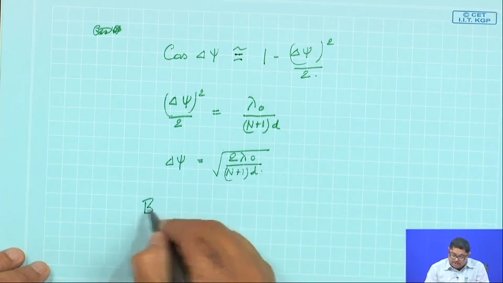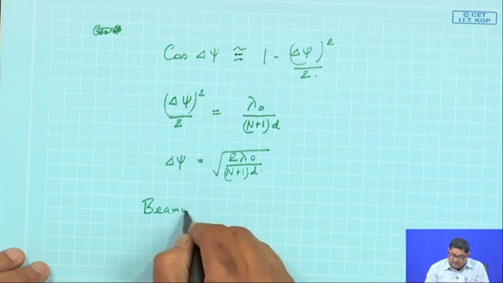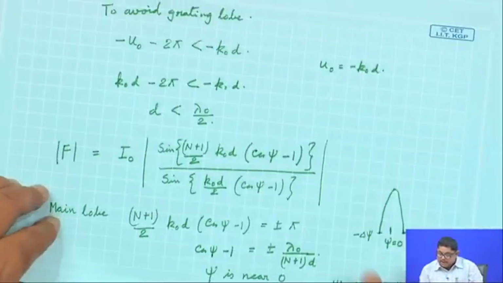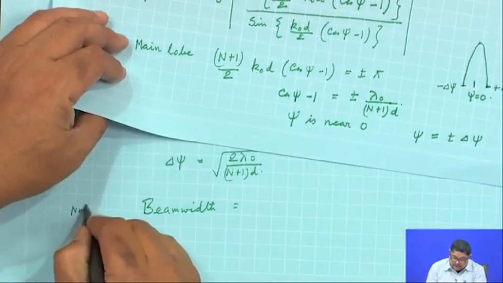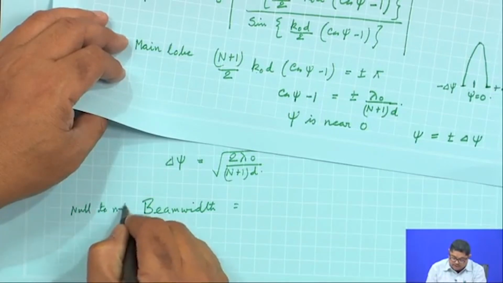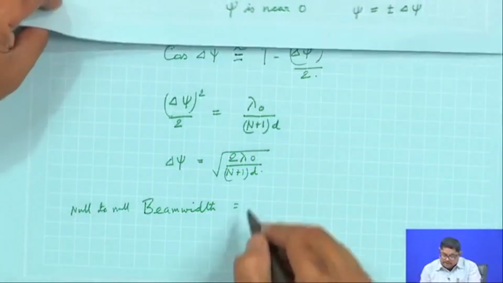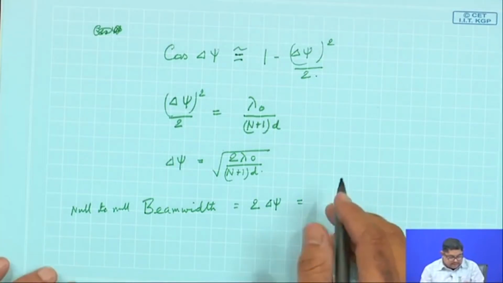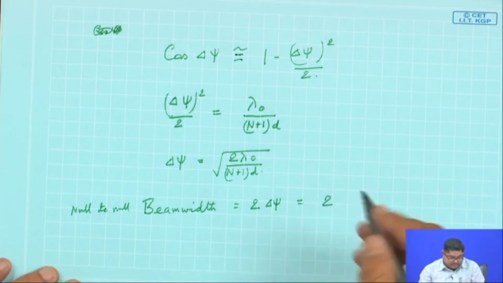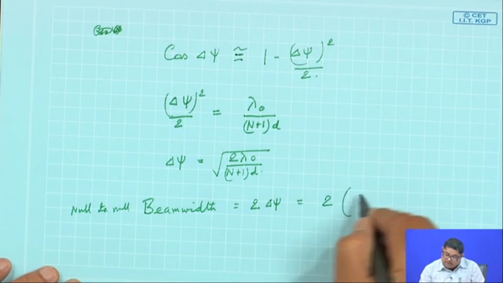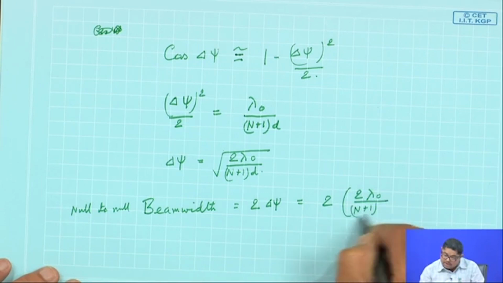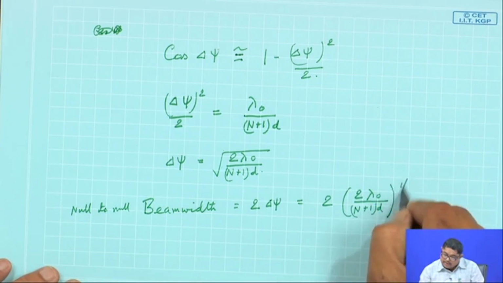So, what is our beam width? Beam width, if we look at here, null to null beam width is 2 delta psi, and that is 2 into square root of 2 lambda naught by n plus 1 into d.